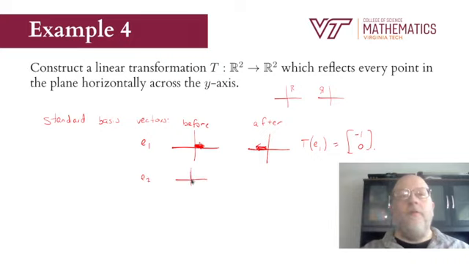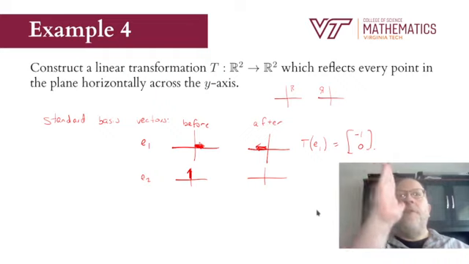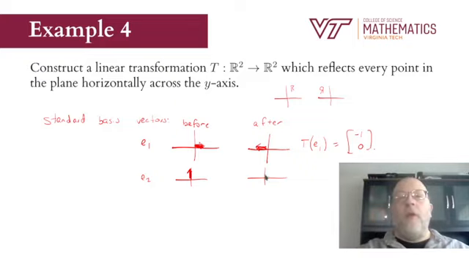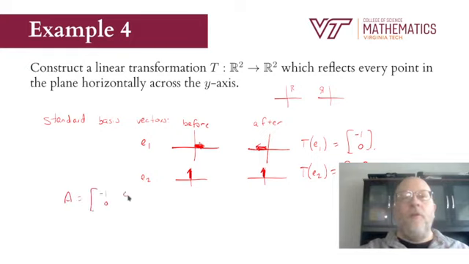E2 is pointing straight up, but if we take a vector that's pointing straight up on the y-axis and we reflect it across the y-axis, it's still just pointing straight up because it's right on the axis. And so the transformed version of E2 doesn't change, it's still 0, 1. And so our matrix is -1, 0, 0, 1.